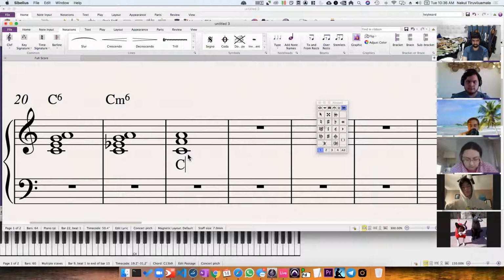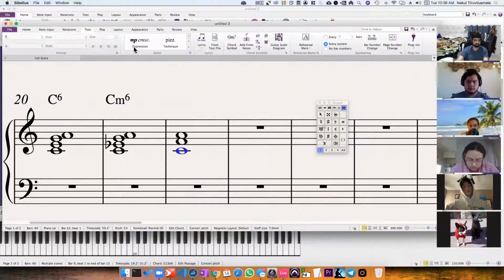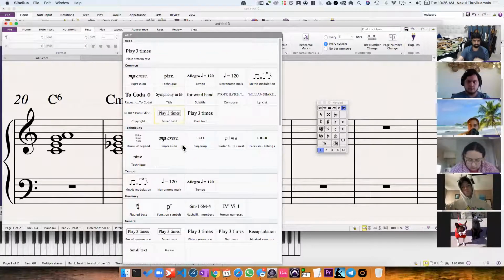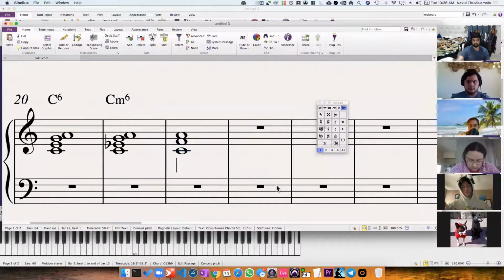Let's say we're in the key of F major. You're accustomed to doing something like this, 6, 4, right?